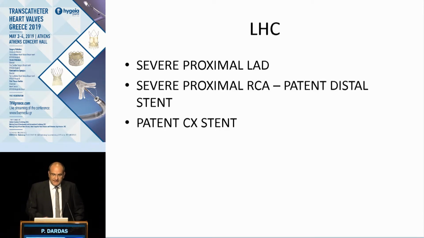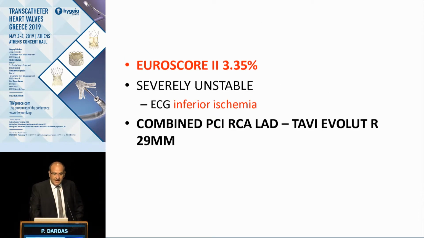So his catheterization showed moderate severe proximal LAD disease, proximal RCA disease that we thought was the cause of his unstable symptoms, patent distal stent in the right coronary artery and patent circumflex stent.